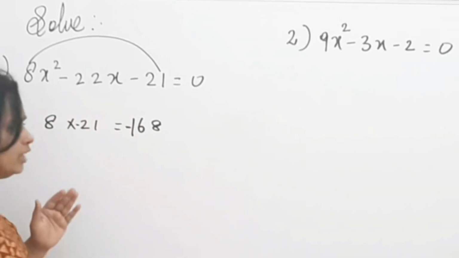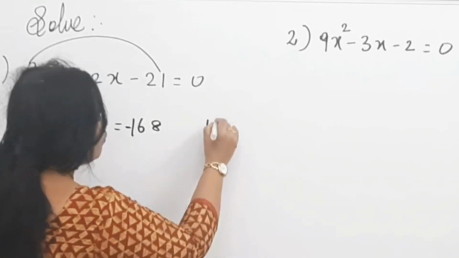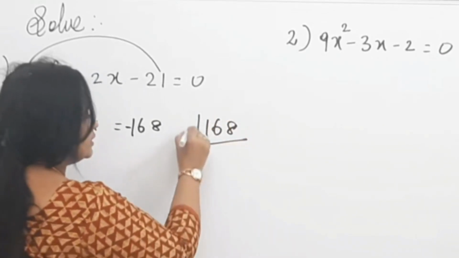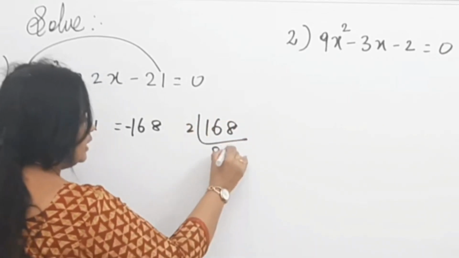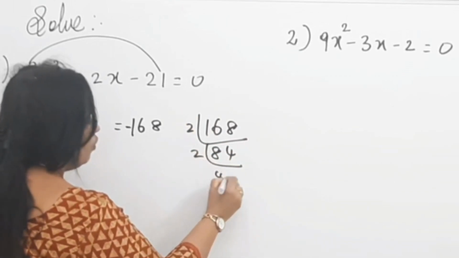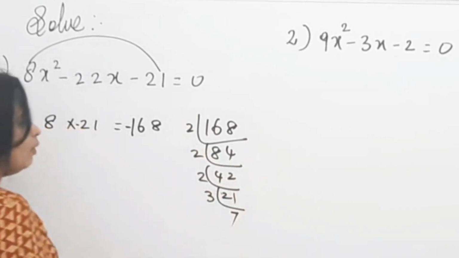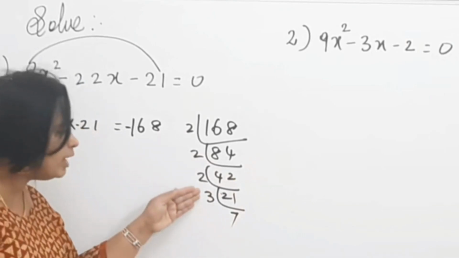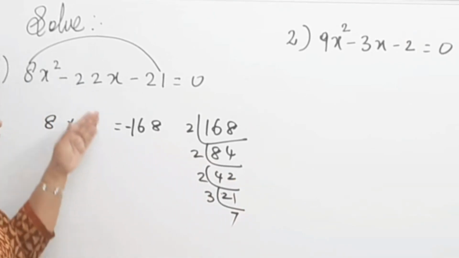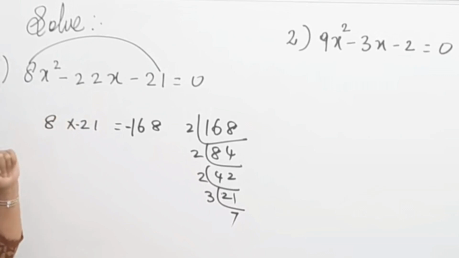So how do I get the factors? Let me go for finding the prime factorization. 168 is 2 into 84, 2 into 42, 2 into 21, and 3 into 7. Now, you randomly multiply the factors and try to get your sum as minus 22.